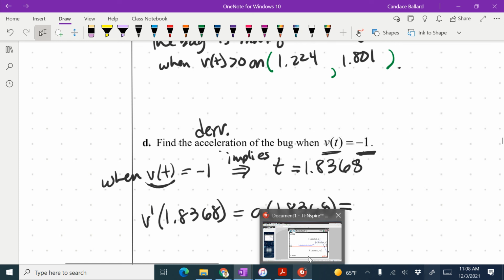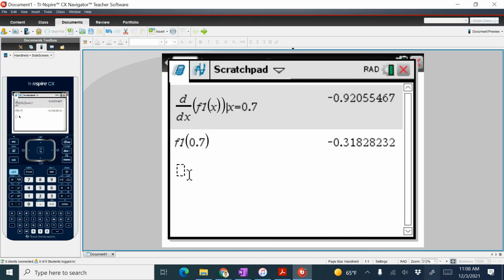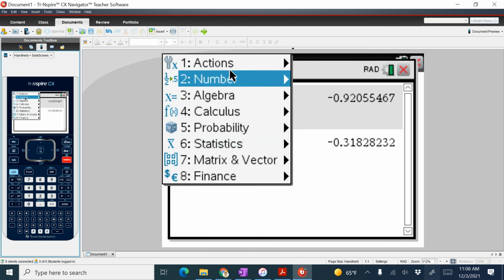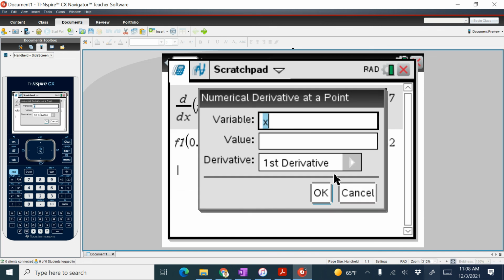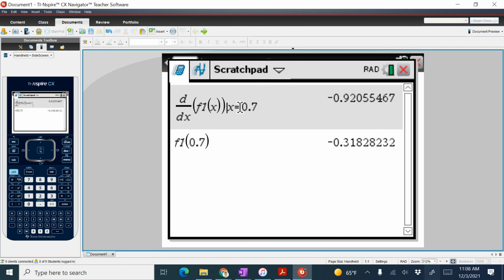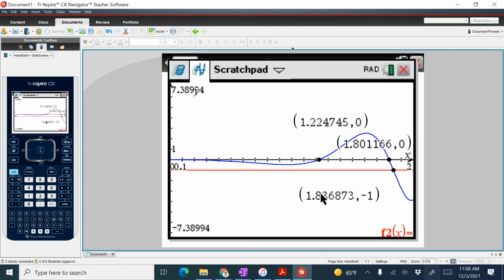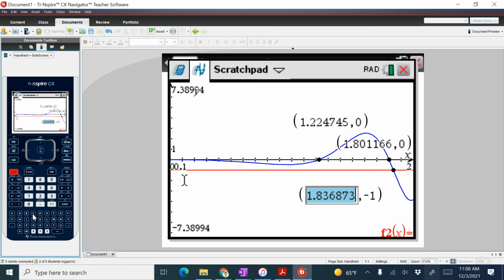All right, so I'm going to go back here. I'm going to go to menu, calculus, numerical derivative at a point. Oh, I should have grabbed that. Hold on. I'm going to go back to the graph. Copy the point, right? So click once, click twice, Control C. Because if we do that, we get the most accurate answer.